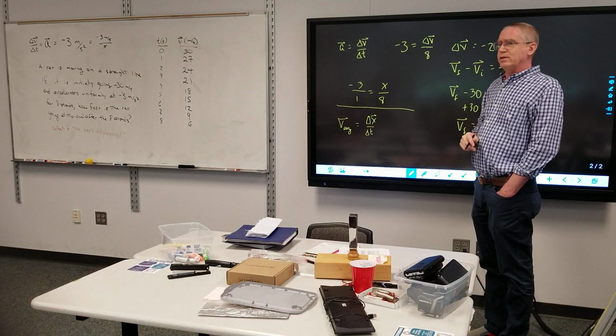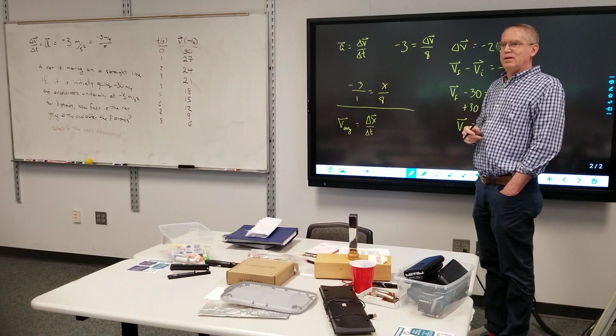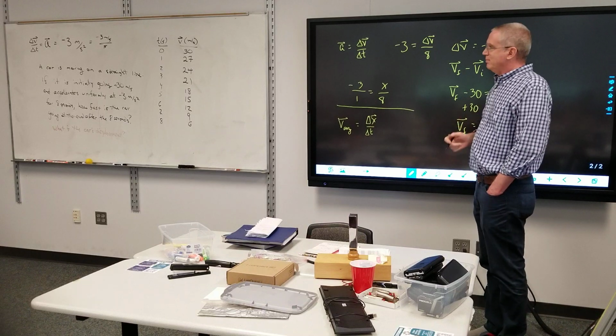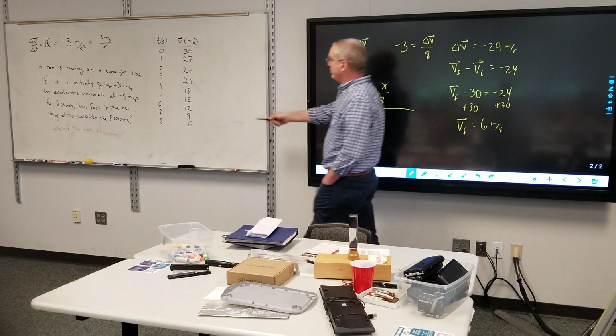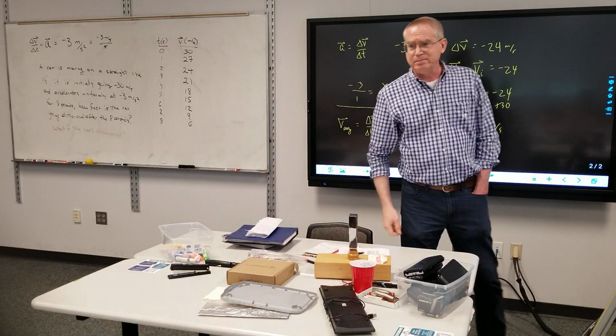The average velocity, how do you find average? You add them all up and then divide by how many numbers you have. All right, I got a whole bunch of velocities right there. You add them all up and divide by the number of numbers, what do you get?